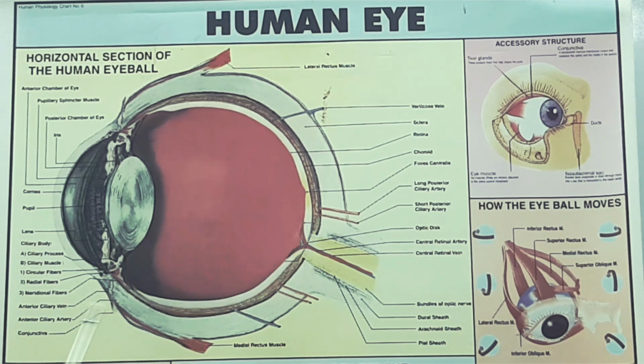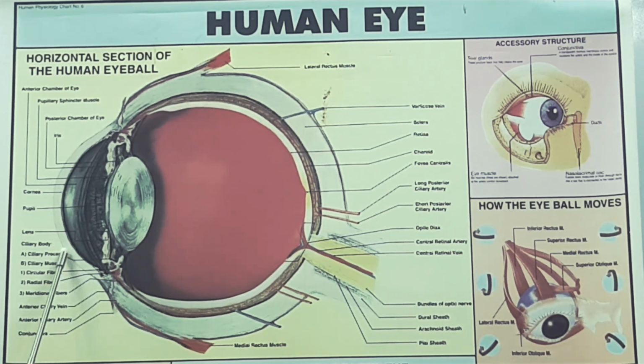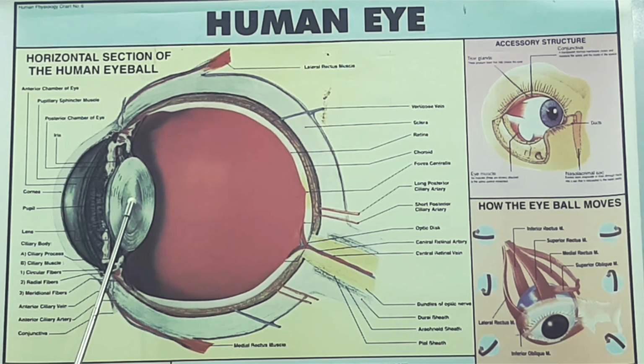So in this way, these are the different structures of our eyeball, and they perform their functions in a proper way so that we can see an object. When light comes inside the eye from the object, the reflected light passes through the conjunctiva, then cornea, then aqueous humor, then pupil, then lens, and after it passes through the vitreous humor, and finally it reaches the fovea centralis or yellow spot where image formation takes place.